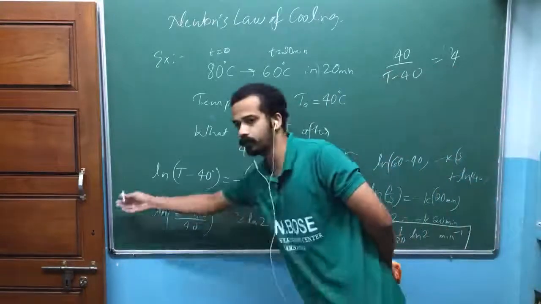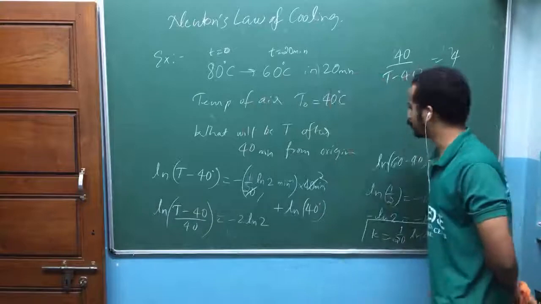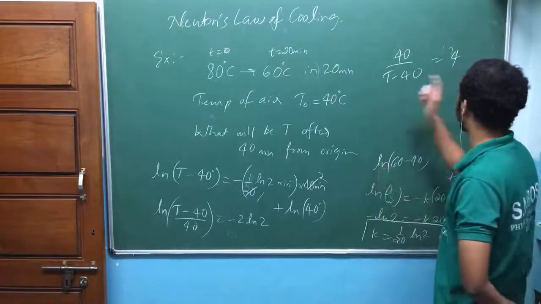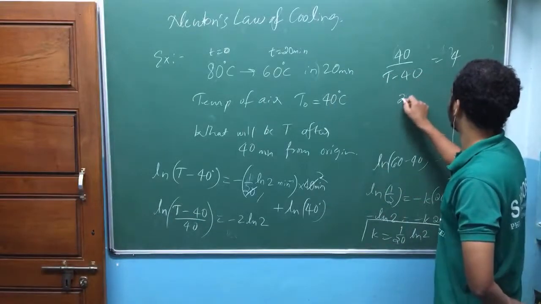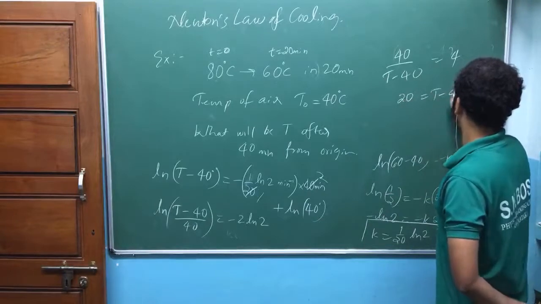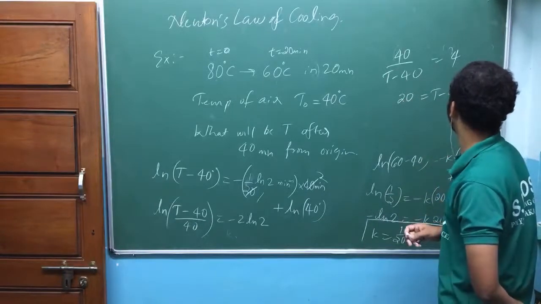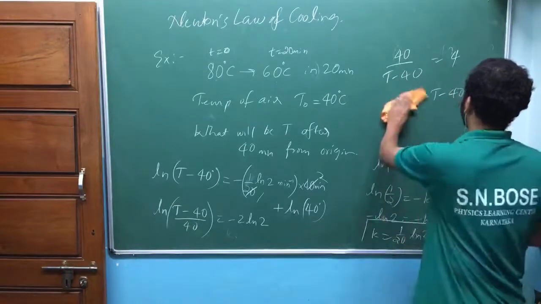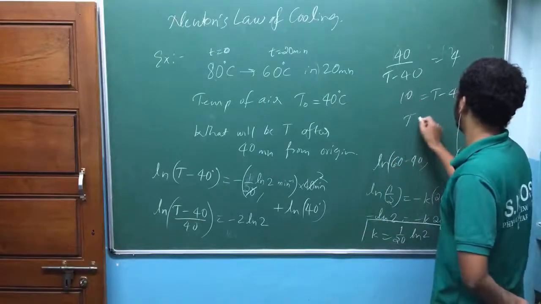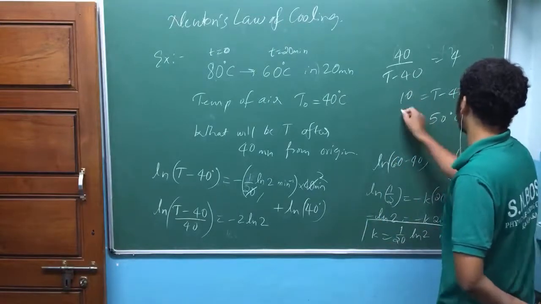I just inverted, with one more negative sign. I cancelled the negative sign and equated the inside of the logs. So 10 is equal to T minus 40, T is equal to 50 degrees Celsius.